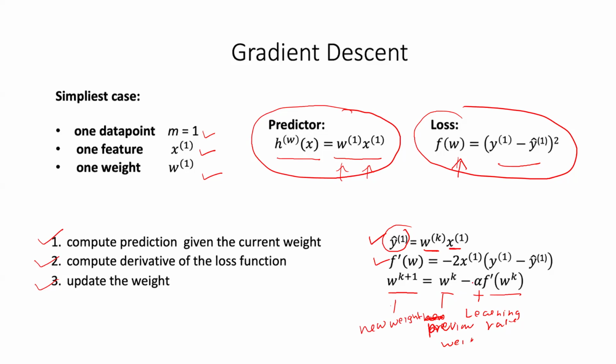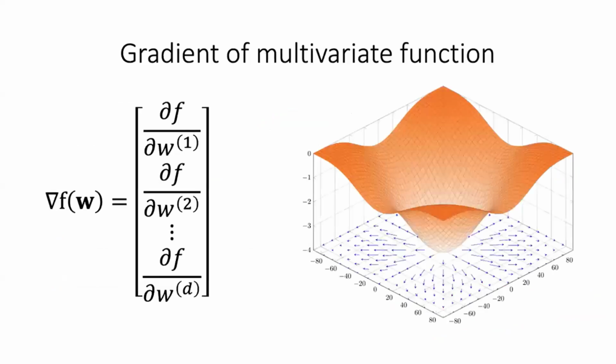And f bar of w k is nothing but the change in weight, that is your gradient descent. So if you are applying the gradient of a multivariate function, this is how we are going to calculate the change in the weights.